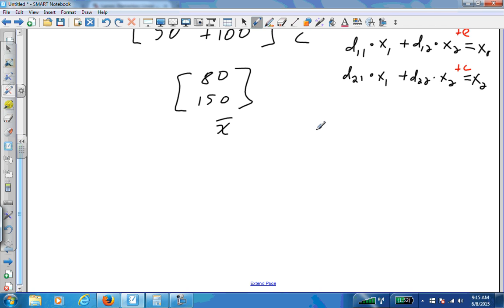So let's take the first part of that, group that together. Let's call the matrix formed by those E, that's the external demand.